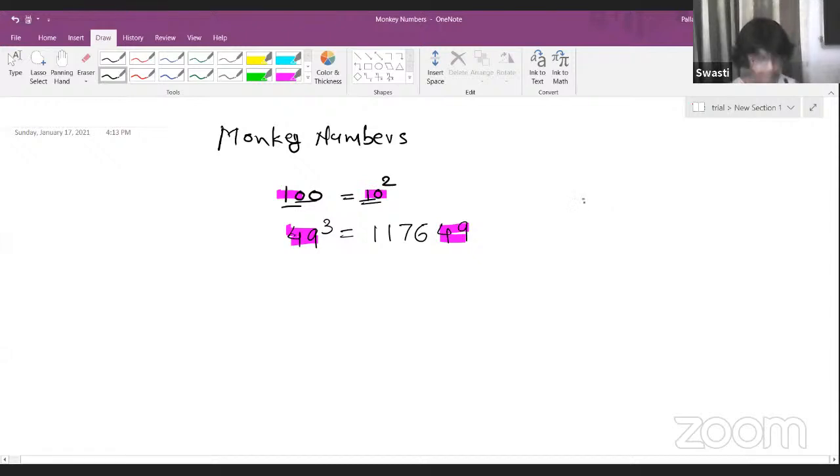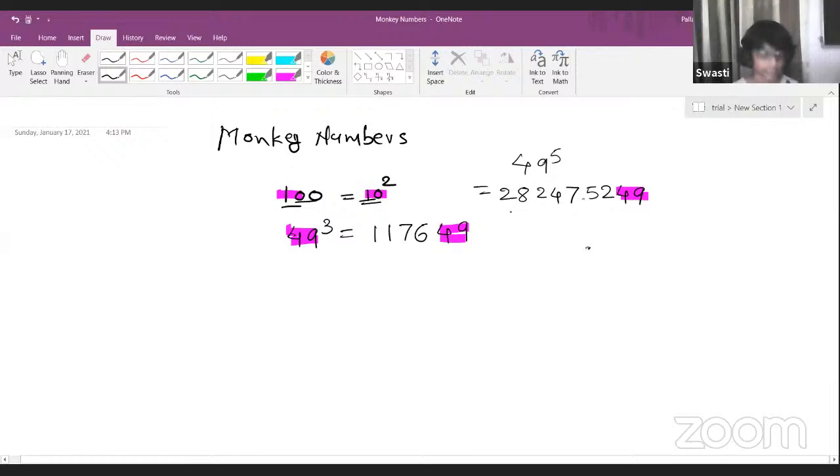Also, 49 raised to 5 is 282475249, and again 49 is in this huge number. And all the odd powers of 49 are monkey numbers.